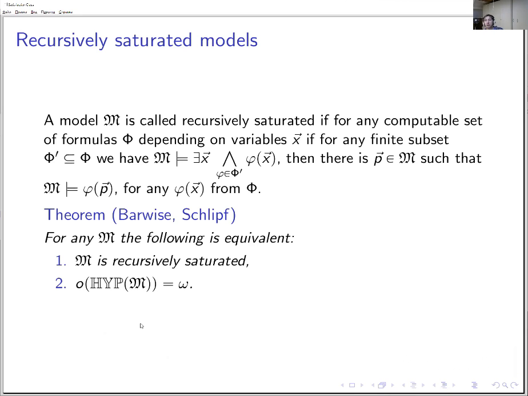So this is what's called recursive saturation. And in fact, there is this classical result by Barwise and Schlipf. I think it's a very nice one. Namely, they show that M is recursively saturated if and only if the ordinals in the heap of M are standard, so just omega.